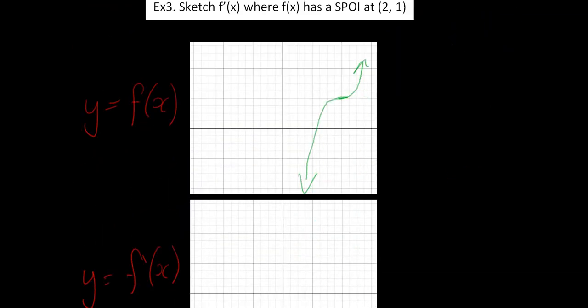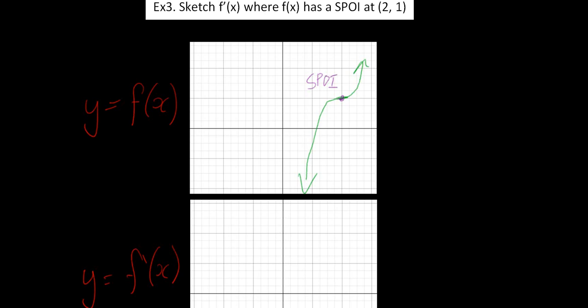Okay, so over here, this is where we actually have a SPOI, not just the points of inflection. So we know that there's a SPOI at 2, 1. So just over here, this is a SPOI. Okay, so if it's a SPOI, it's both stationary.